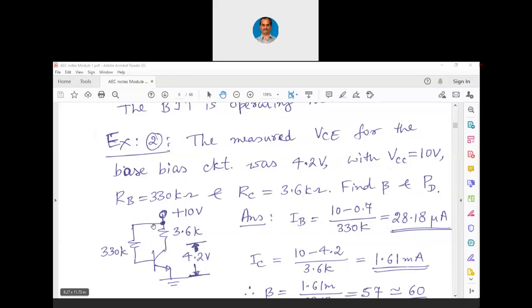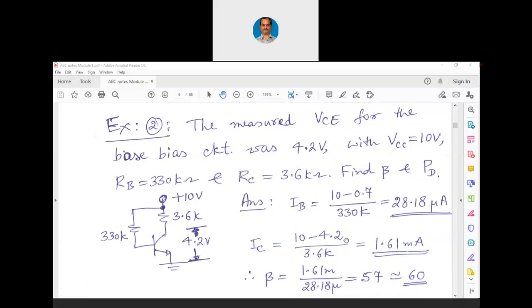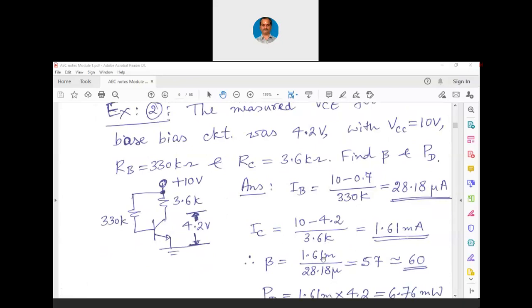IB can be easily calculated, VCC minus VBE divided by the resistance. So, it is 28.18 microampere. So, now beta is IC by IB, 1.61 milli divided by 28.18 micro. It is around 57. Nearest round figure is 60. That way we find out beta.